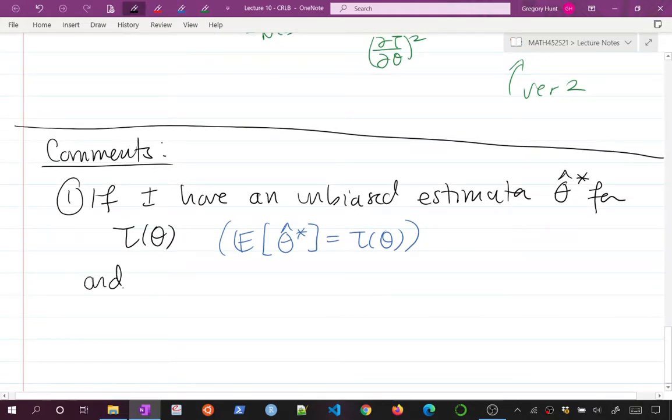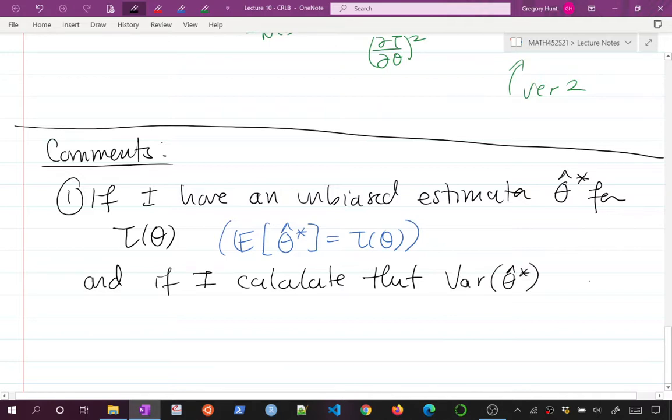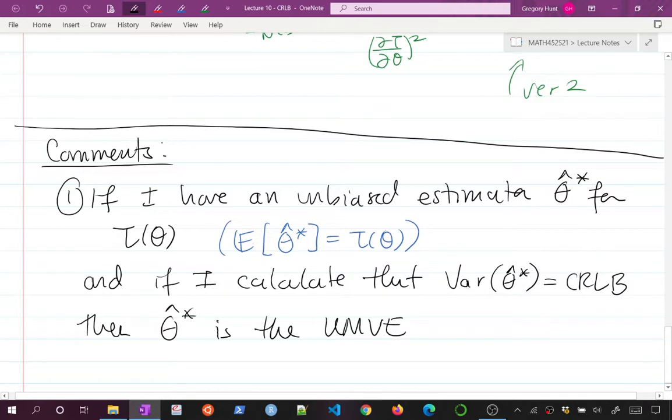If I have some unbiased estimator for whatever function of a parameter I'm trying to estimate, maybe I'm trying to estimate the mean squared, and I have an unbiased estimator for the mean squared, and if I calculate that the variance of this thing, theta hat star, is equal to my bound, let's just call it CRLB, my Cramer-Rao lower bound, then theta hat star is the uniformly minimum variance unbiased estimator.